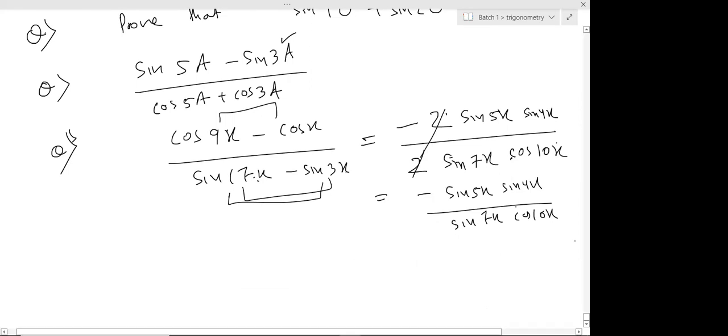What you can do is if you use this formula, right.